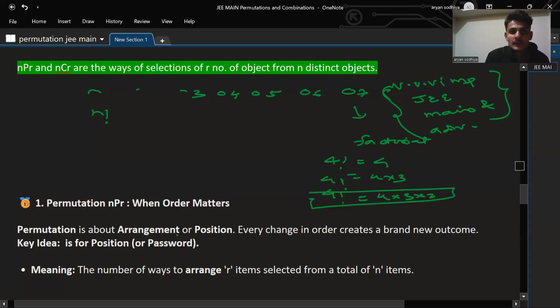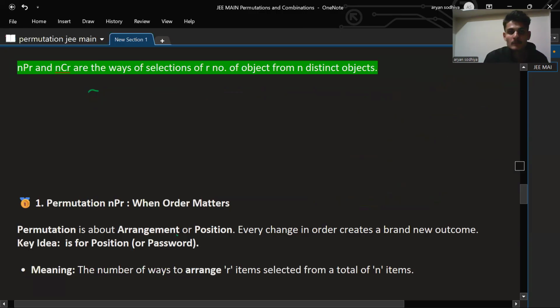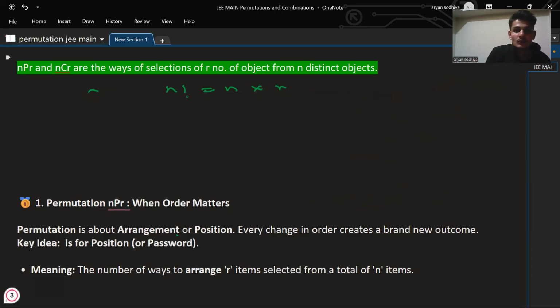Let's write it here. n factorial is n into n minus 1 into its preceding integers till 1.